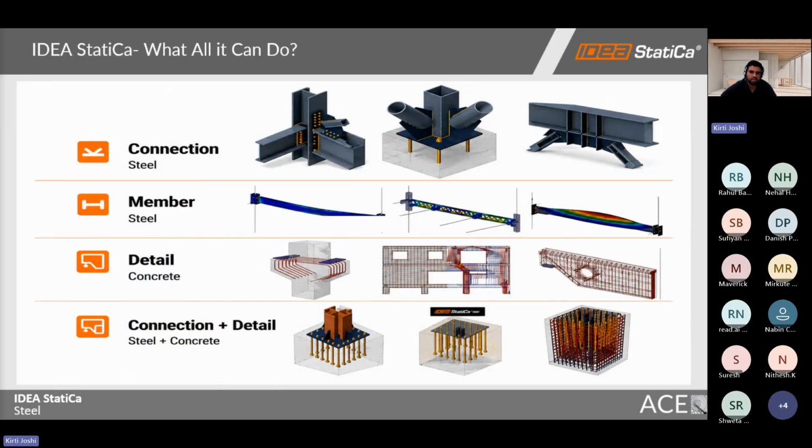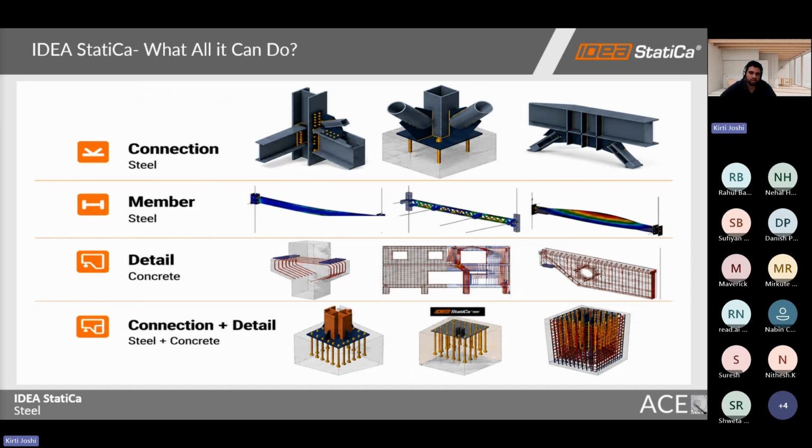So moving forward, besides the connection design, IDEA Statica also includes the member application, which is a part of IDEA Statica itself, that is used to design and verify members, such as the beams, frames or CFS sections, or it may be a transverse beam or the bridge diaphragm.